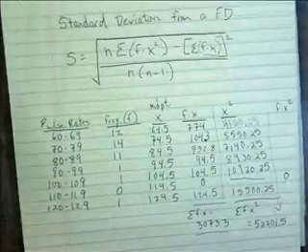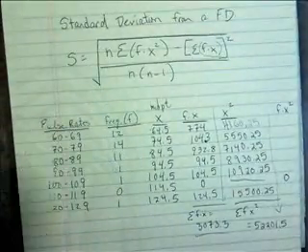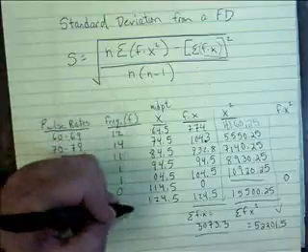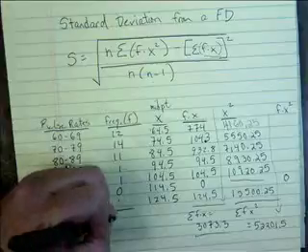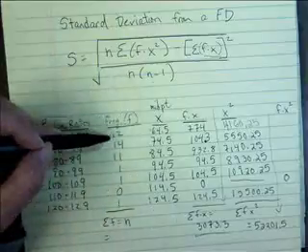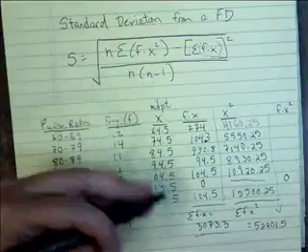Okay, now the n in this problem is the sum of the frequencies. So 12 plus 14 plus 11 plus 1 plus 1 plus 1. So the sum of the frequencies means the same thing as n. 26, 36, 37, 38, 39, 40.